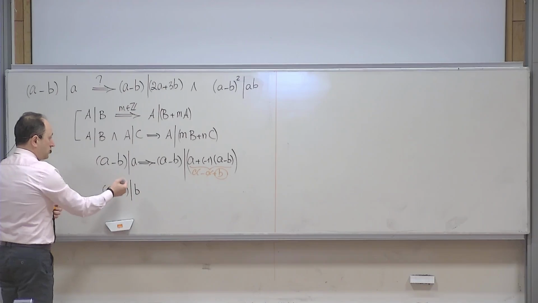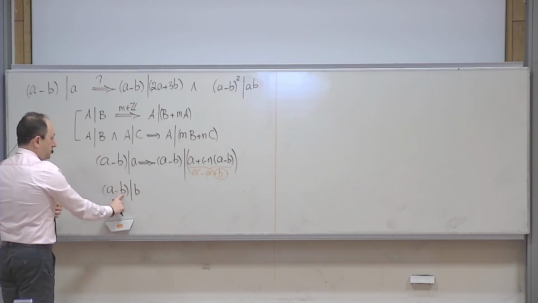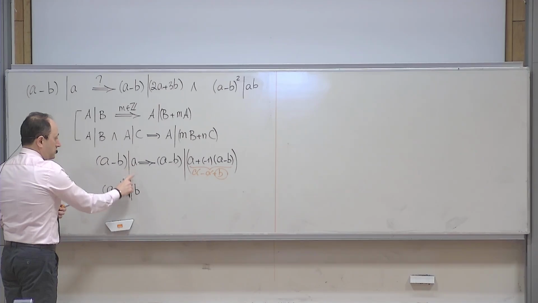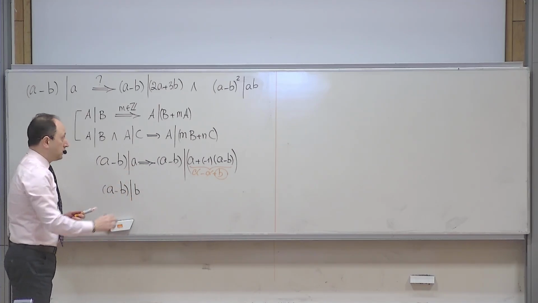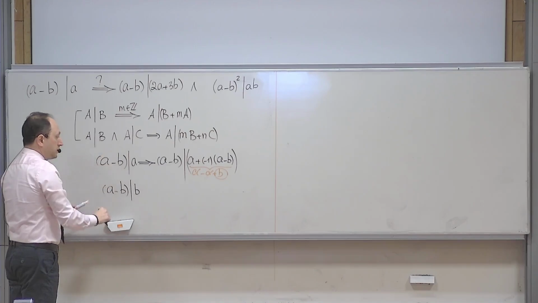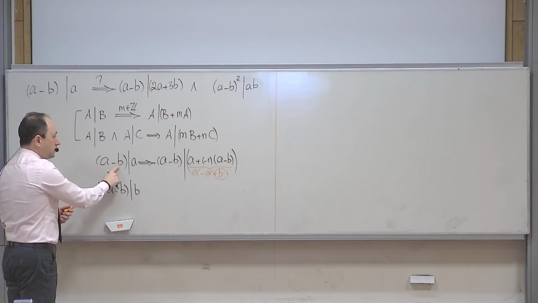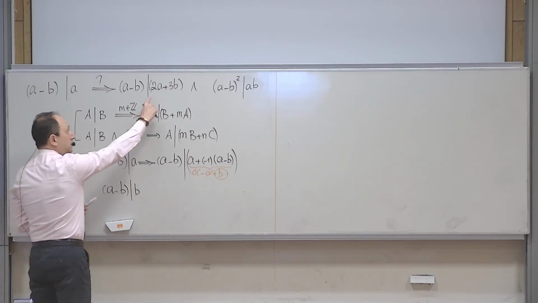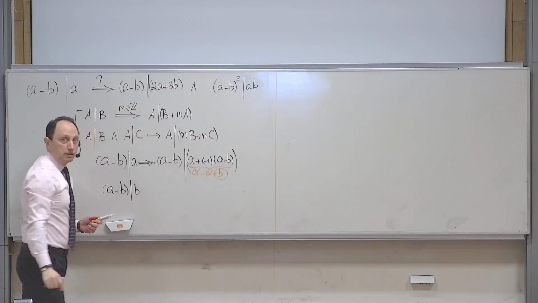Now I have the same number a minus b, which divides two different numbers a and b. Now I want to use this theorem. Definitely a minus b divides any linear combination of these two numbers, including this very particular linear combination.